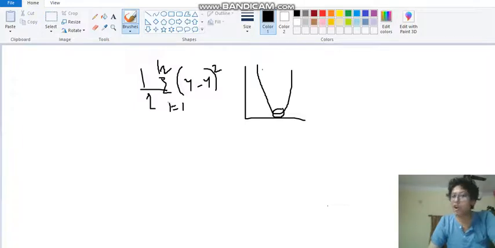And it converges faster. It does not take so much time to converge.